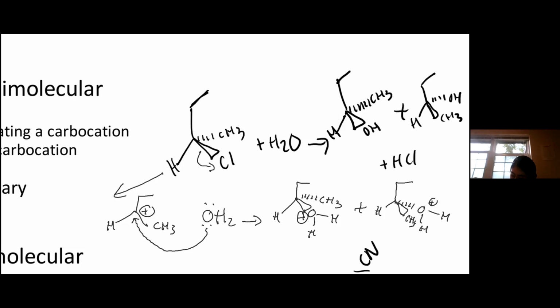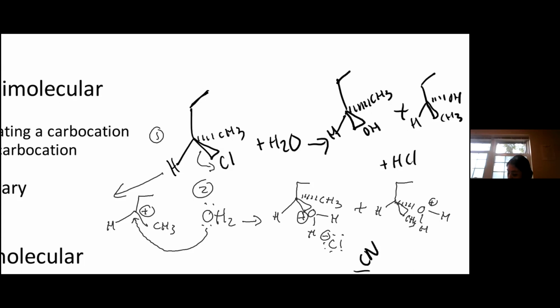So this was the first step, the leaving group leaving. This is the second step where the nucleophile attacks. Here there's an extra step because there's a positive charge on this molecule right here, and we want to remove an H so that it's not positively charged. So you can use an H2O, or in this case, I'm just going to use a Cl minus.